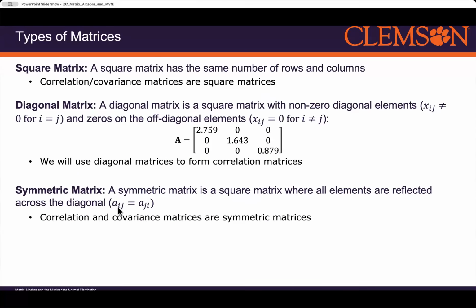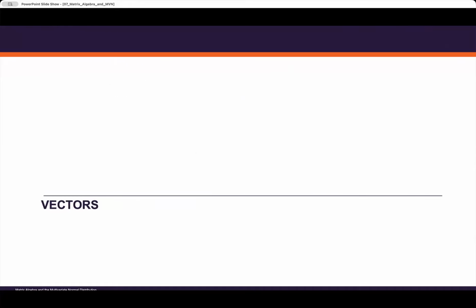That means any element xij is equal to the element xji, i being the row position and j the column position above the diagonal, and then flipped, ji, below. So correlation and covariance matrices are square, and they're symmetric. That's an important feature. Some matrix operations are defined only on square and symmetric matrices. So these are definitions we need to have to move forward.